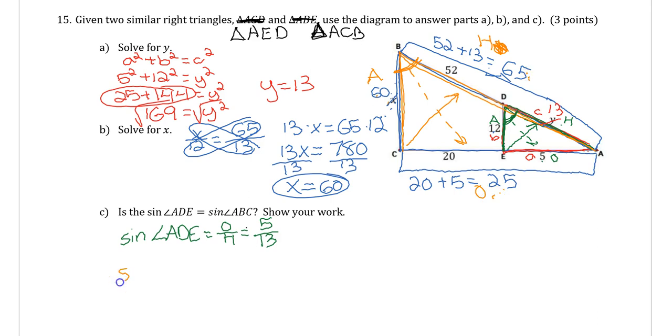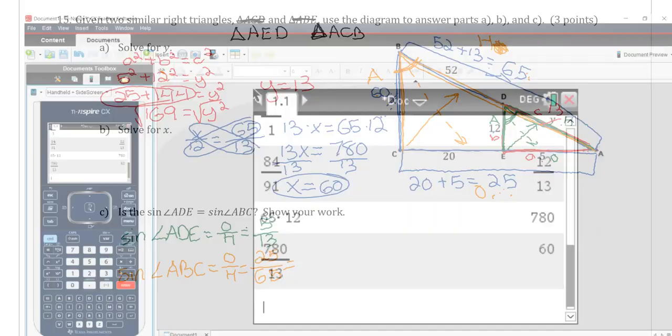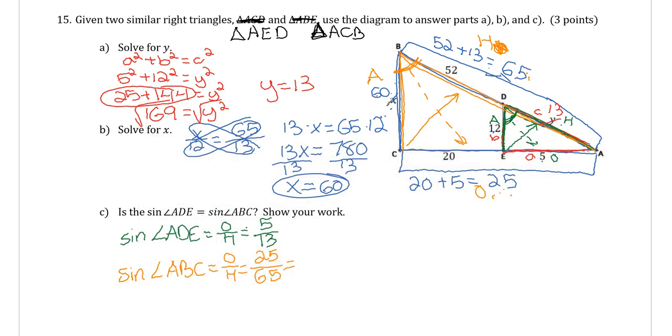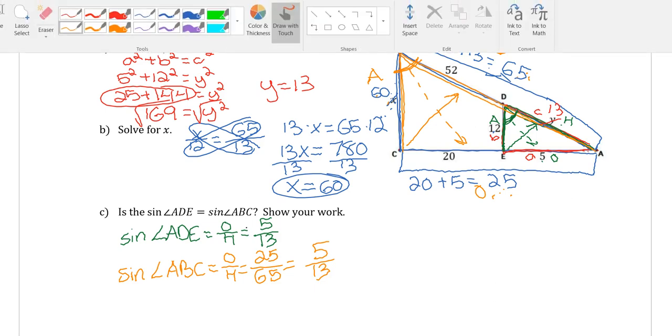Okay. So sine of angle ABC, again, equals opposite over hypotenuse. My opposite side is 25. My hypotenuse is 65. That probably will reduce because they both end in 5. And I get 5 over 13. And look at that. Yes, they are equal.